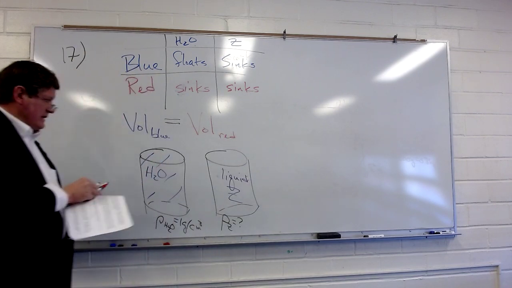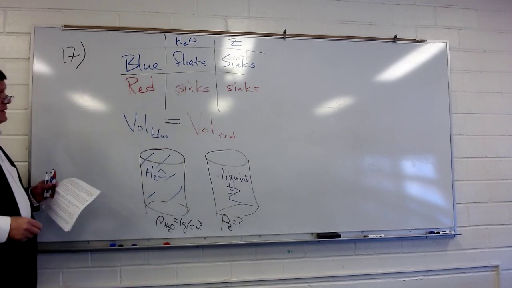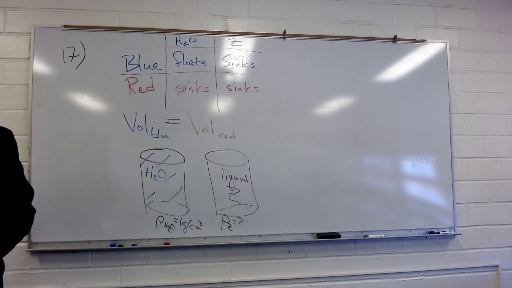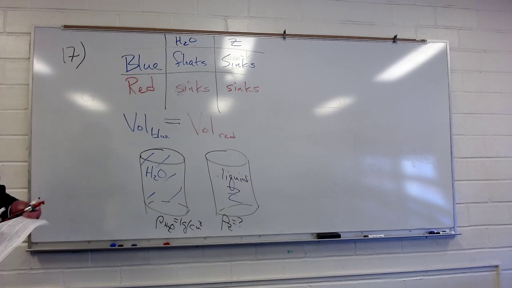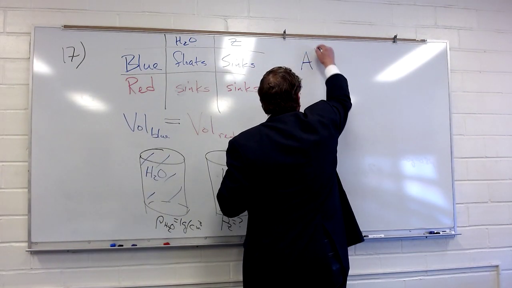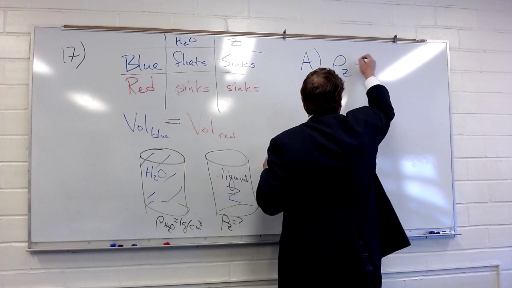But they have obviously different masses because they have different behavior in water. Okay? Now the first question we're asked here is, what, if anything, can you say about the density of liquid Z?